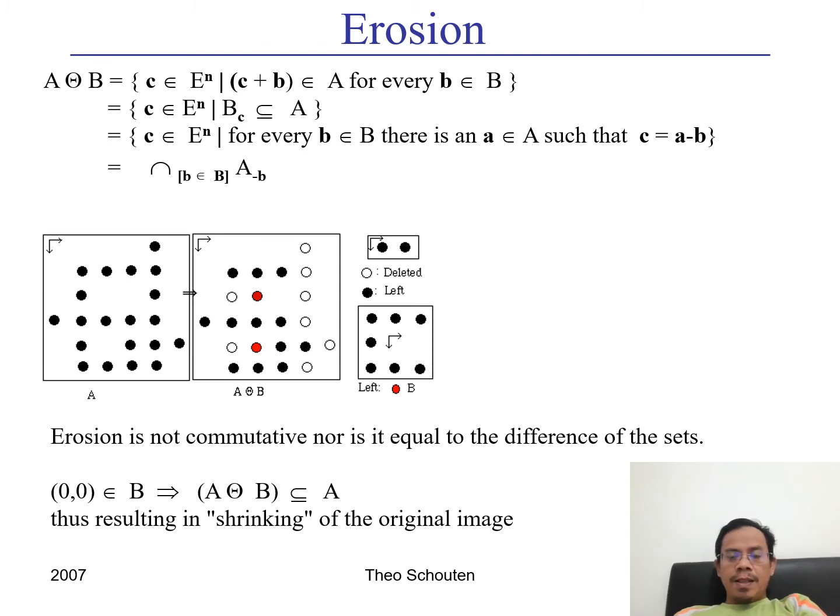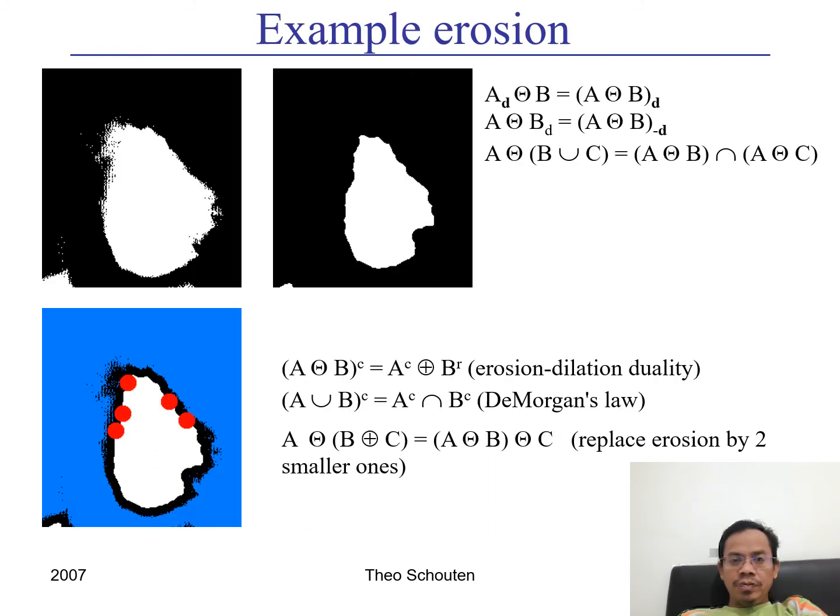Next is erosion. Erosion is the opposite of dilation. So erosion is shrink.